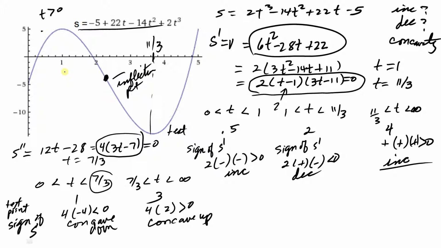That's where it goes from concave down to concave up. So as you can see, the second derivative predicts concavity, and the first derivative predicts whether the function is increasing or decreasing.